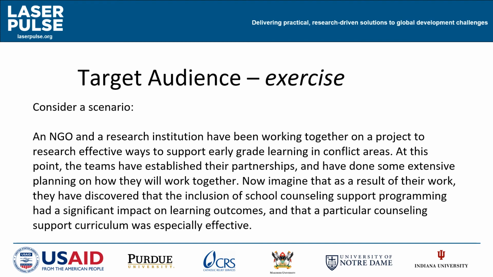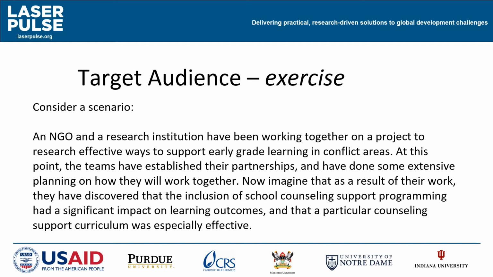We're now going to look at a short scenario to think about how the results of a researcher-practitioner collaboration might be translated into policy or practice. Let's consider our previous scenario. An NGO and research institution were working together on a project to research effective ways to support early grade learning in conflict areas.